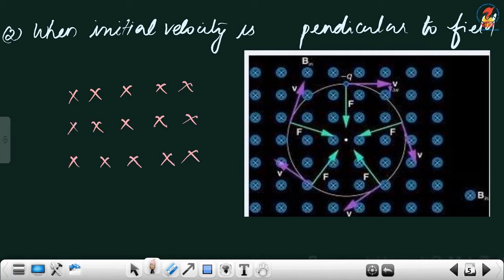I am putting cross marks so that you can understand the field is into the plane of the board, and a particle is entering this field perpendicular to it like this with the velocity v. So, what happens when a particle enters perpendicular to the field? It experiences a force F = QVB sin theta. Your value of theta will be equal to 90 degrees.